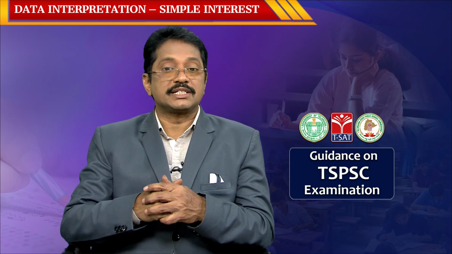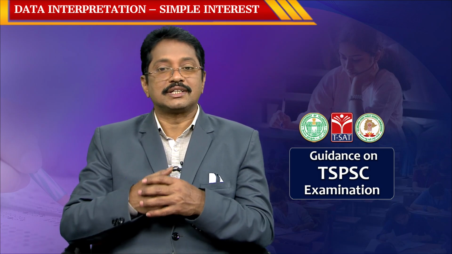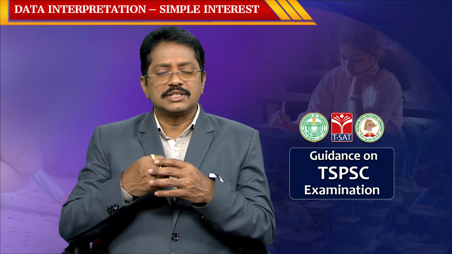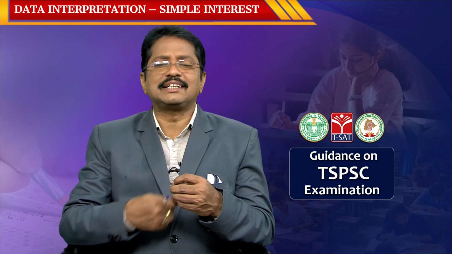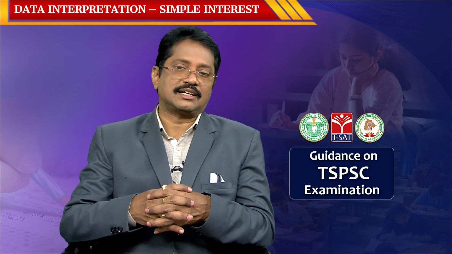Today, we are going to discuss the main concept in data interpretation, that is simple interest and compound interest. It is a frequently used term in our daily life transactions. Am I correct or not?